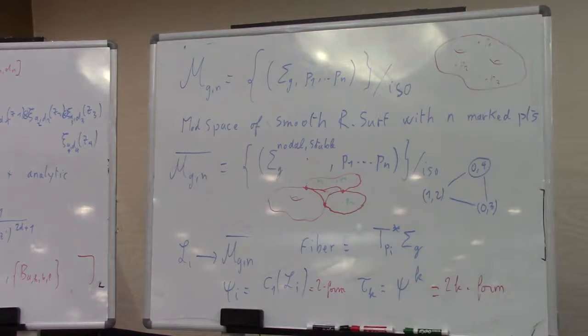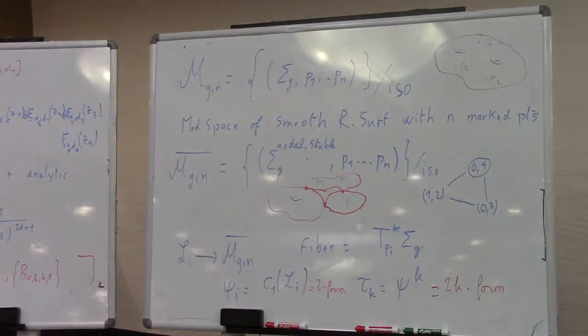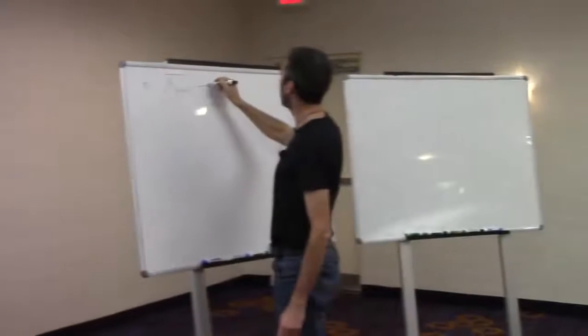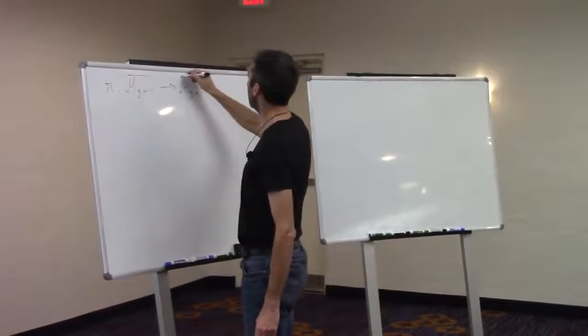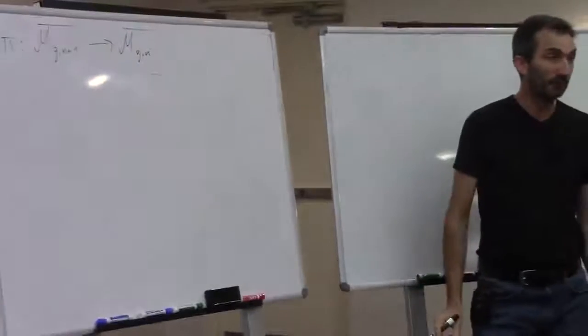Okay. Now there is the notion of kappa classes. I started to mention it last time. What are kappa classes? You have a forgetful map, let me call it pi also, from M g,n+1 bar to M g,n bar, which just means forget the last marked point.